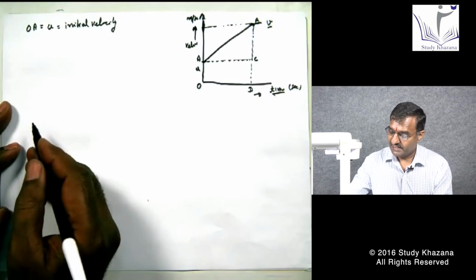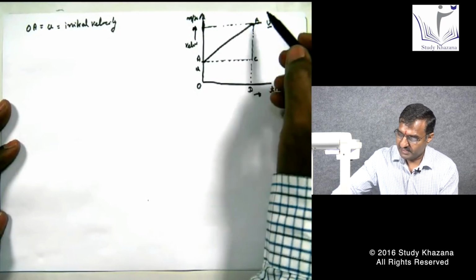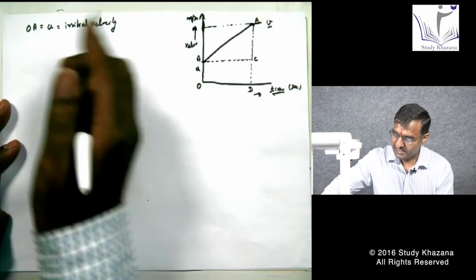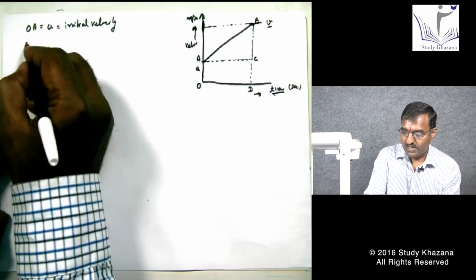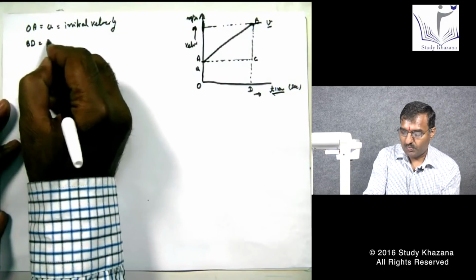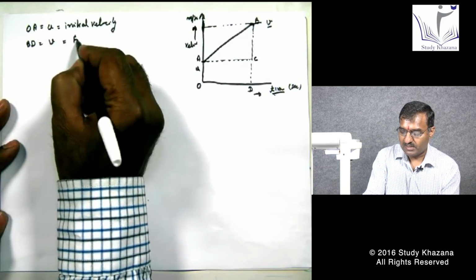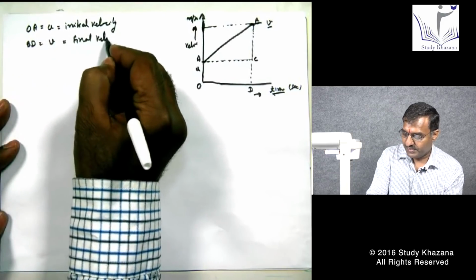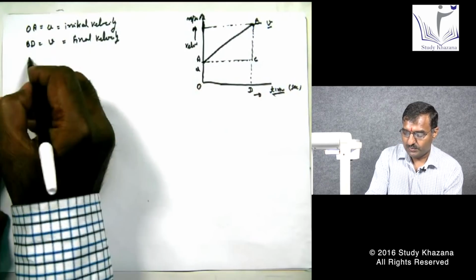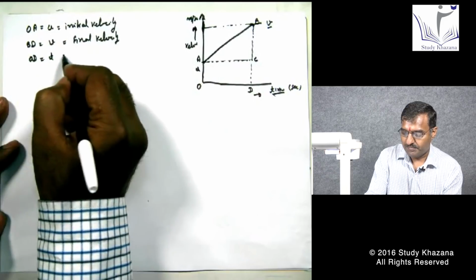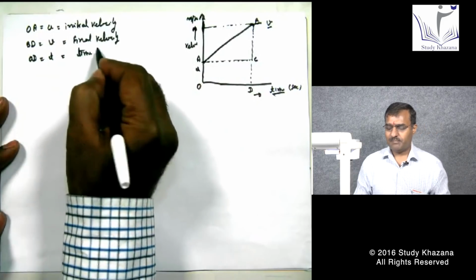So BD is the final velocity, OA is the initial velocity, and BD equal to V equal to final velocity, and the time taken is OD. OD equal to T equal to time taken.